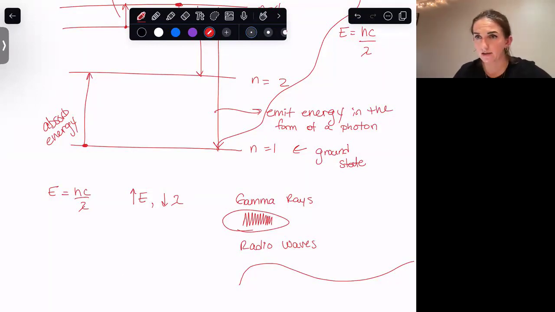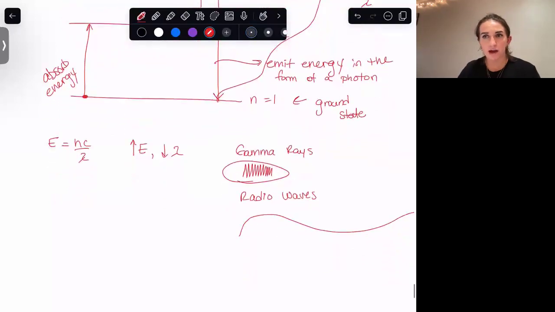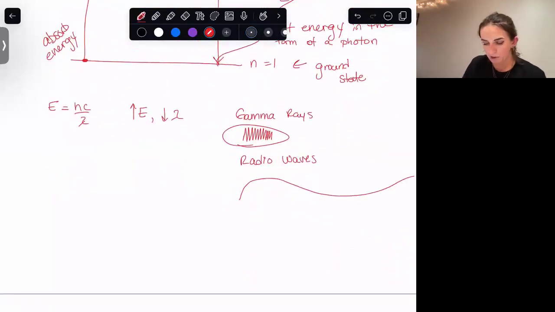Questions on that? Does that help answer the couple questions about energies? Okay. And just remember the equations that you have for energy. You have c is equal to lambda times frequency. You have energy is equal to Planck's constant, which is given to you, times frequency.